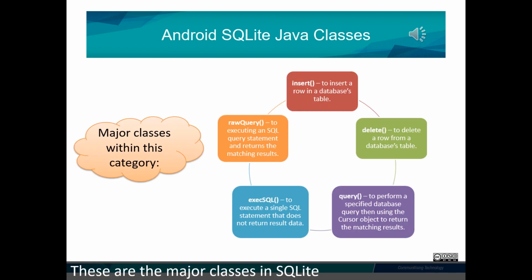These are the major classes in SQLite. First, raw query. Second, insert. Third, delete. Fourth, query. And lastly, execute SQL.